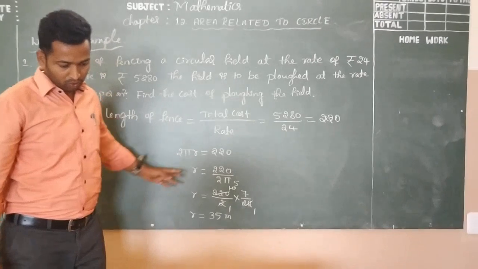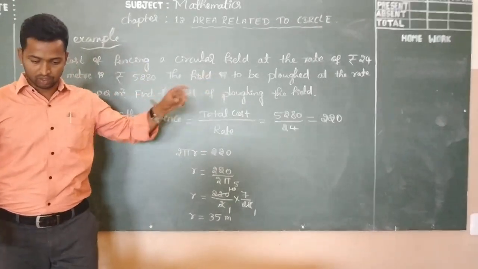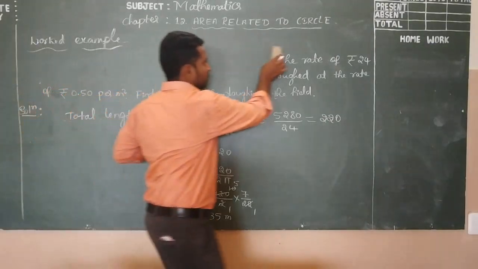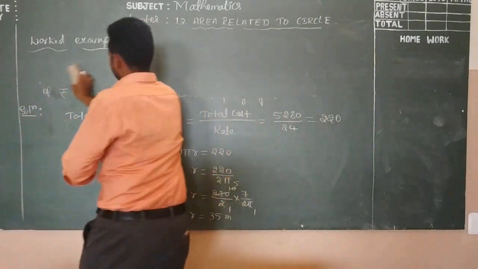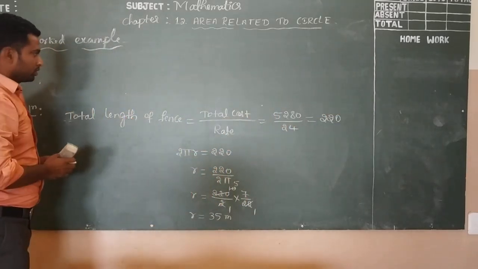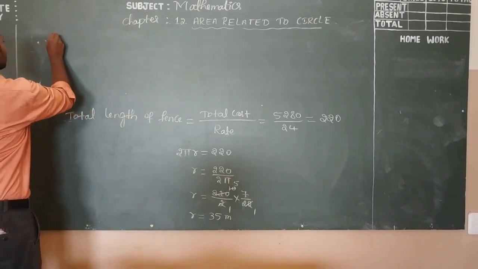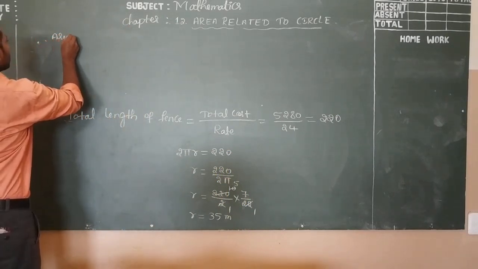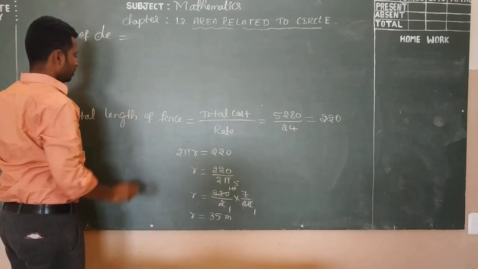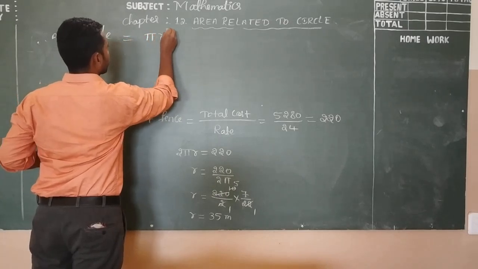Now the area of the circle. The area of a circle is pi r square.